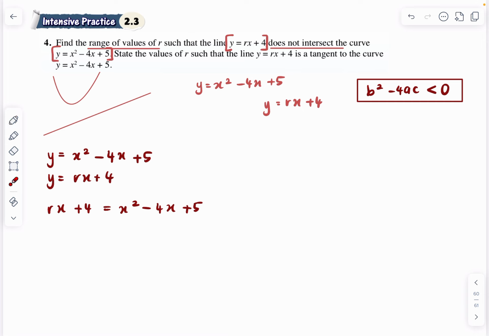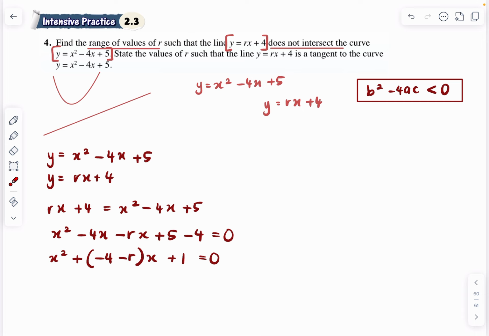And then we bring all this to the other side. So it will become x squared minus 4x minus rx plus 5 minus 4 equals 0. Then we simplify this. So x squared, plus negative 4 minus r, x. 5 minus 4 is 1.